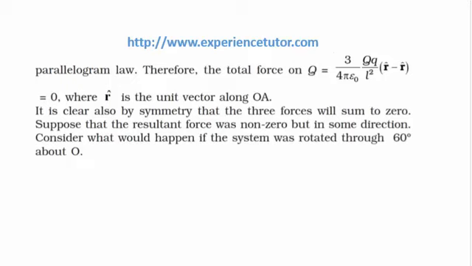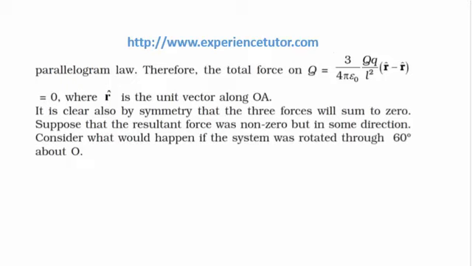By the parallelogram law, therefore, the total force on small q is equal to 3 by 4 pi epsilon naught, capital Q small q upon L square, unit vector r minus unit vector r, which is equal to 0, where r is the unit vector along OA.